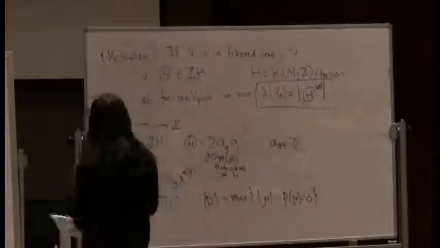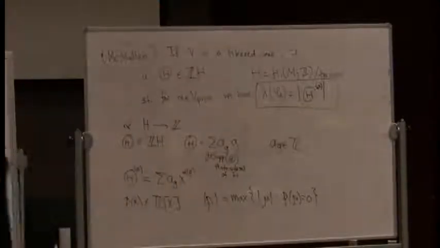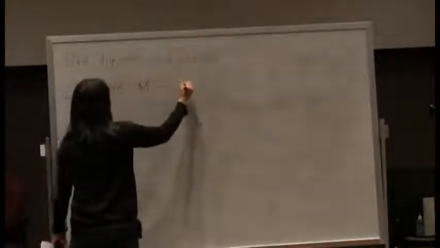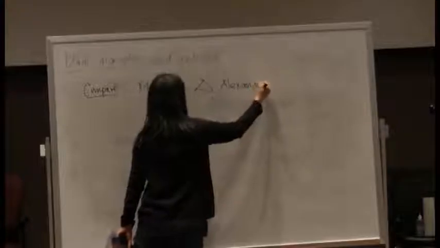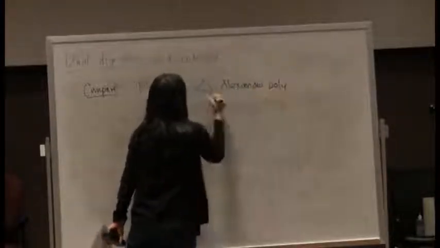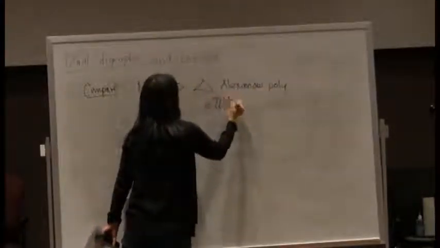Now it's a little bit similar to the homological properties of Alexander polynomials. So we can compare: given M, you have an Alexander polynomial, a multivariable Alexander polynomial. This is also an element of ZH.